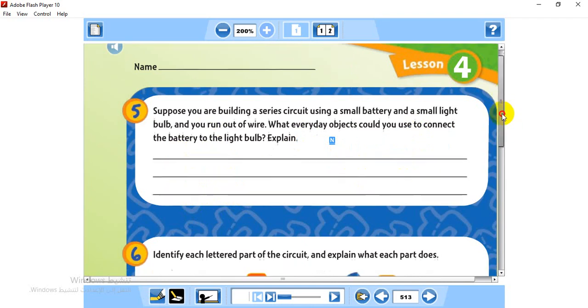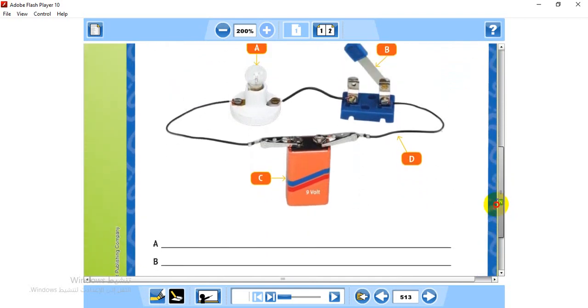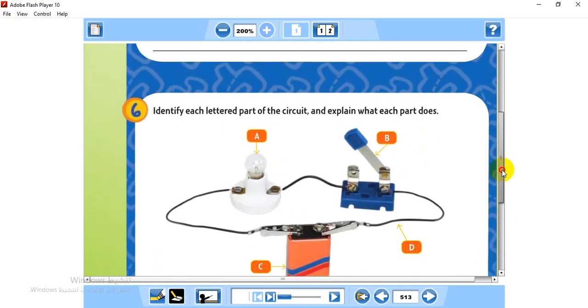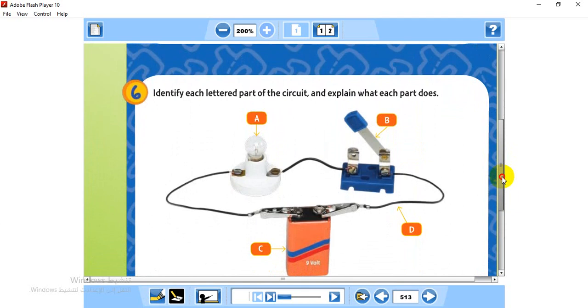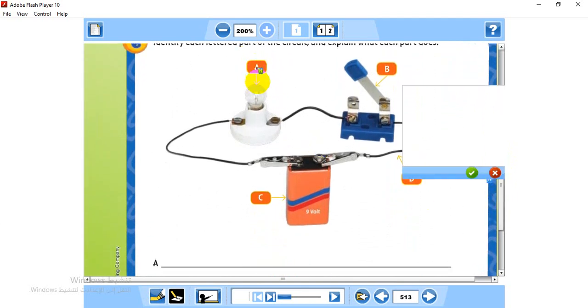Okay, I think we reached the last question in this lesson today. They're asking you to identify each lettered part of the circuit and explain what each part does. Let's start with the first one, letter A. Letter A is talking about the light bulb. It's a light bulb. It changes electric charge to what exactly?